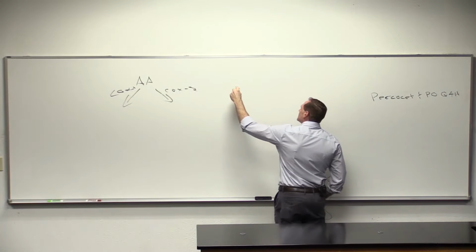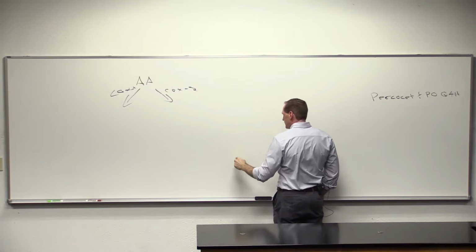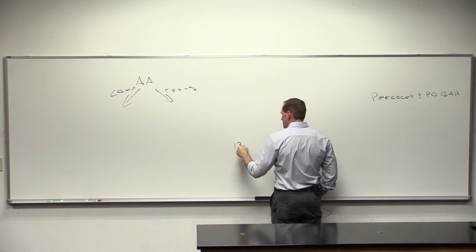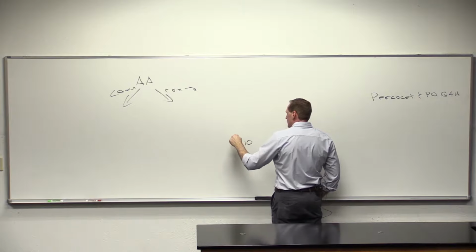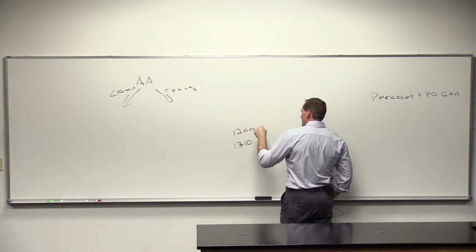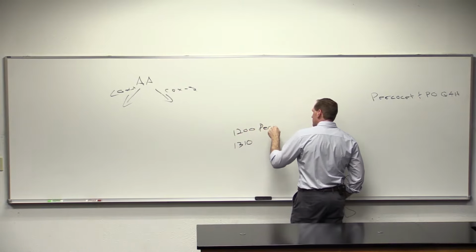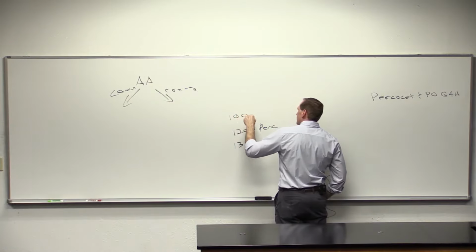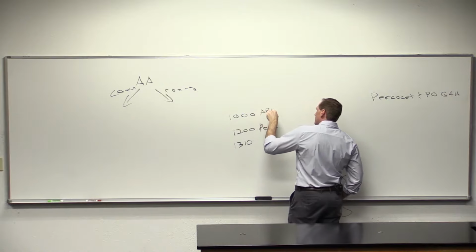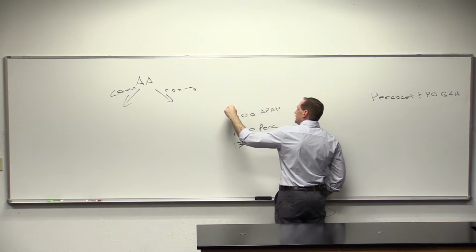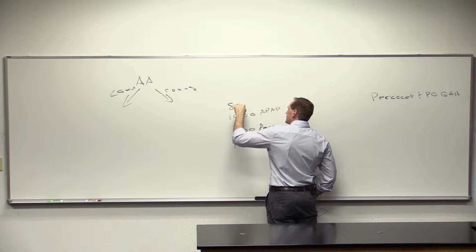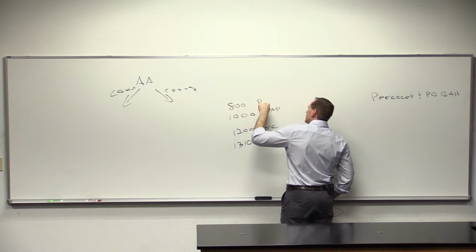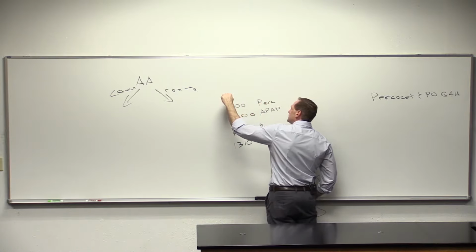All right. So, the current time is 13:10. At 1200, they got the Percocet. At 10 o'clock, they got APAP. At 8 o'clock, they got Percocet.